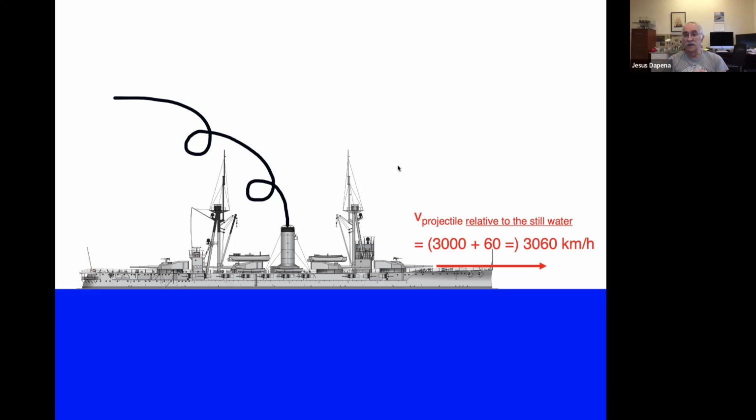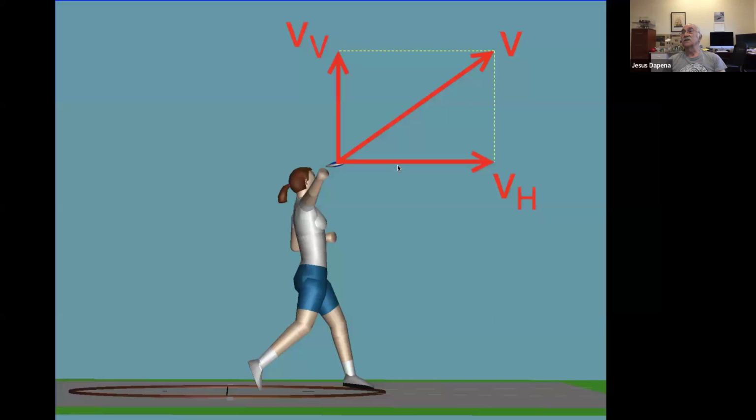So the ship is a shooting platform in the same way our discus thrower is a throwing platform. In the same way, if at the time that the discus is released the thrower is moving horizontally in the direction of the discus and vertically also up in the direction of the discus, this will help to increase the total speed of the discus, both in the horizontal direction and in the vertical direction.